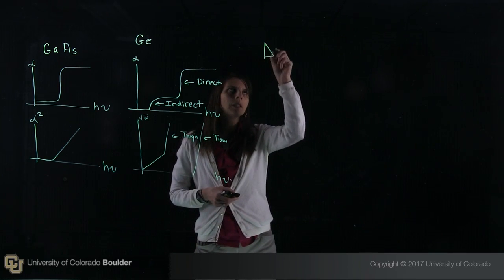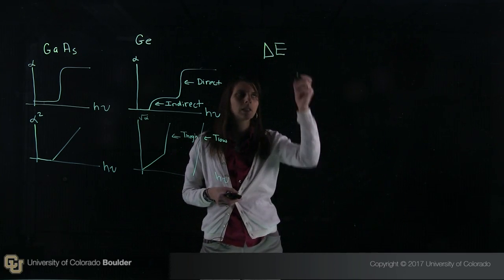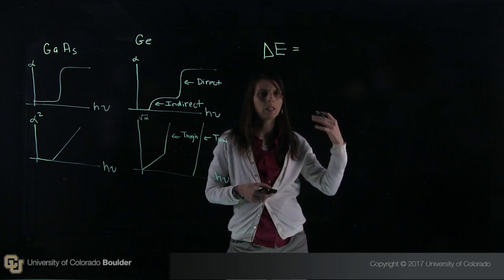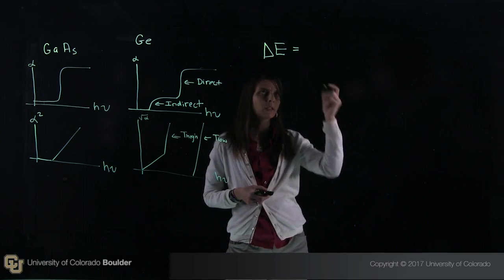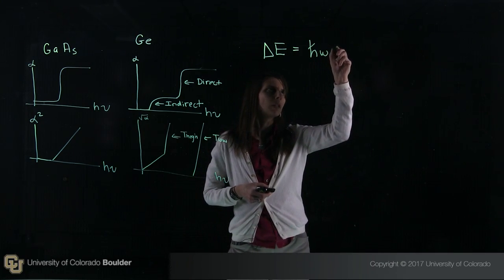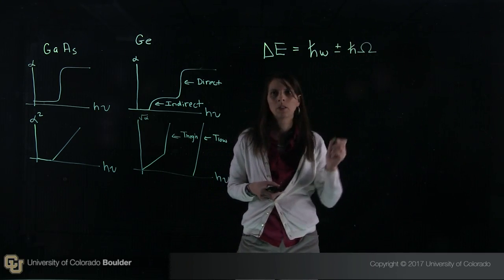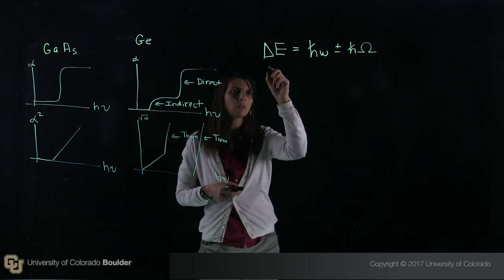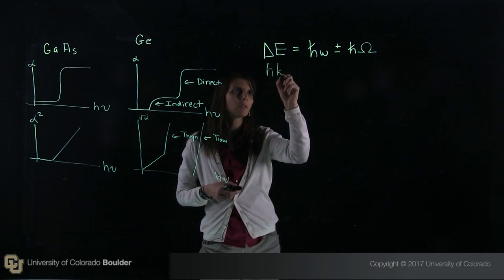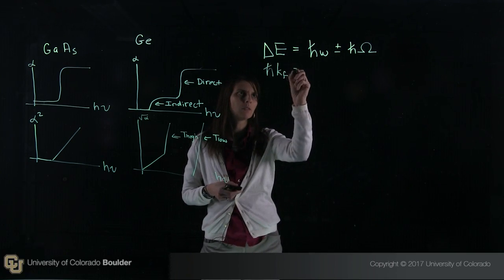Because the semiconductor is indirect, when I look at the amount of energy that plays into a transition to excite an electron from the valence band to the conduction band, we know that this is equal to the energy of the photon involved, plus or minus the energy of the phonon. We can also think about momentum. So h bar k final is the final momentum of the electron involved.